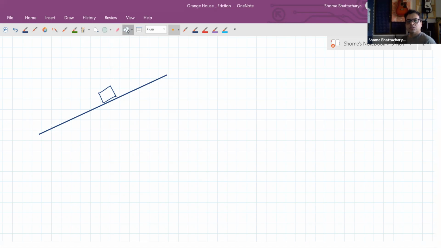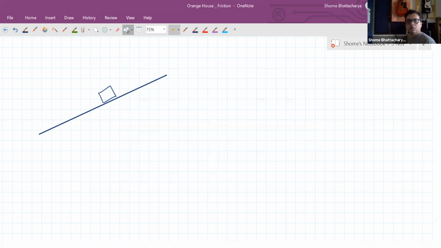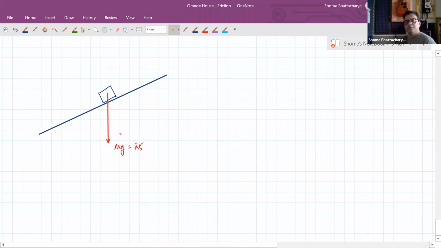The forces are weight mg, which was 25 newtons. This theta is of course 37 degrees.